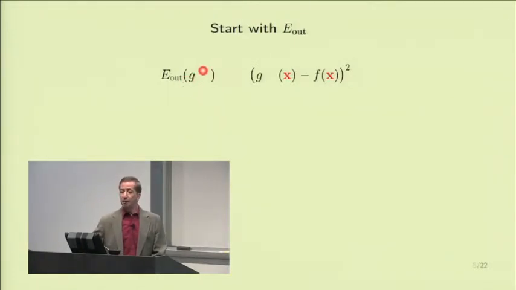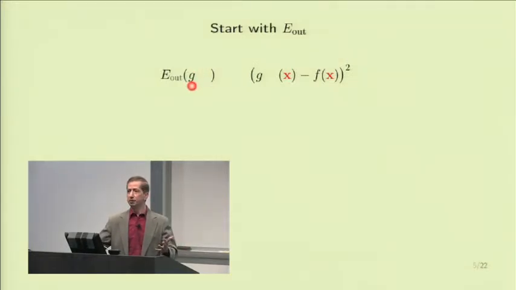Now, the gap here comes from the fact that the final hypothesis depends on a number of things. Among other things, it does depend on the data set that I'm going to give you, right? Because if I give you a different data set, you will find a different final hypothesis. Now, that dependency is quite important in the bias variance analysis.